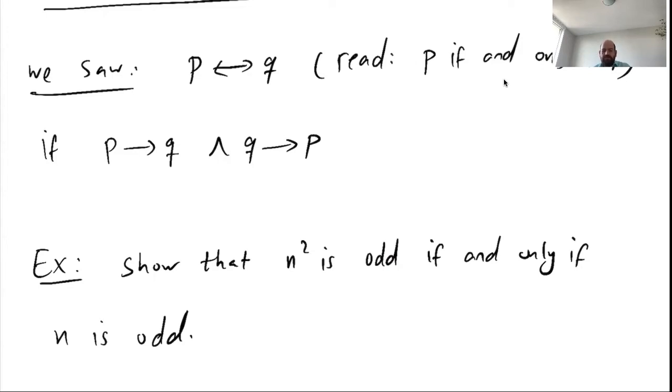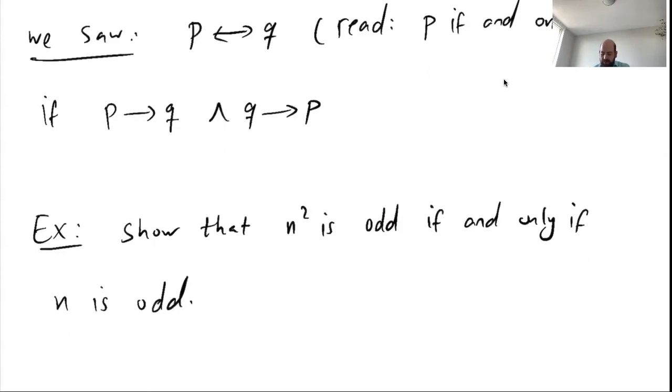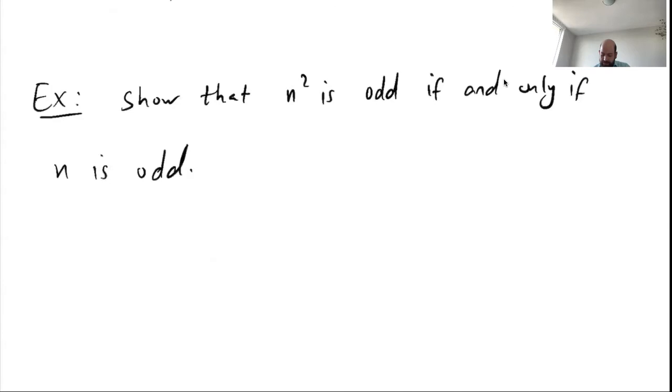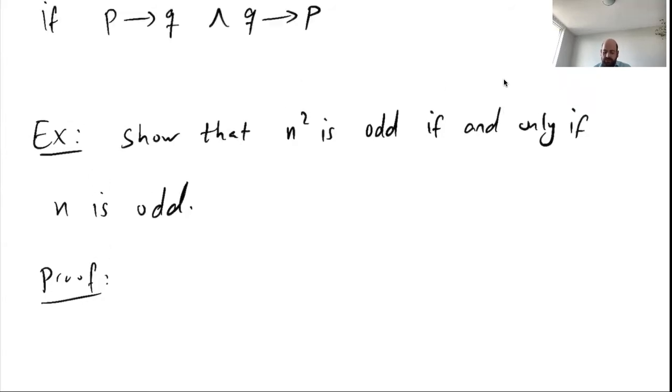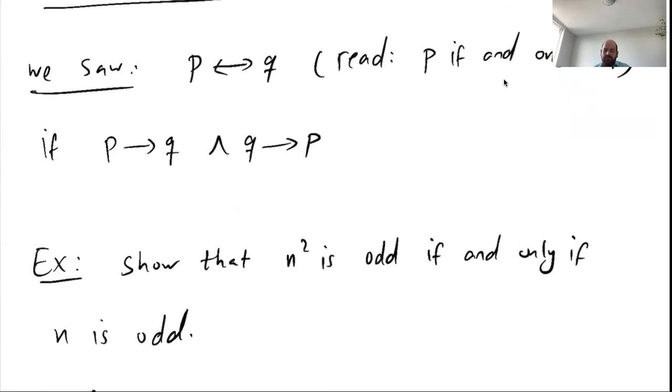Let me remind you about the proofs quickly. When you want to prove an if and only if statement, it is nice to specify which statement you are going to prove first and which next, because we have to prove P implies Q and Q implies P.